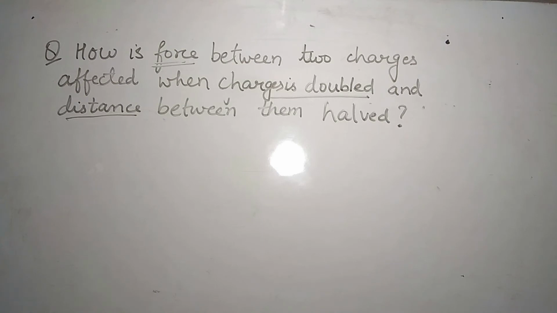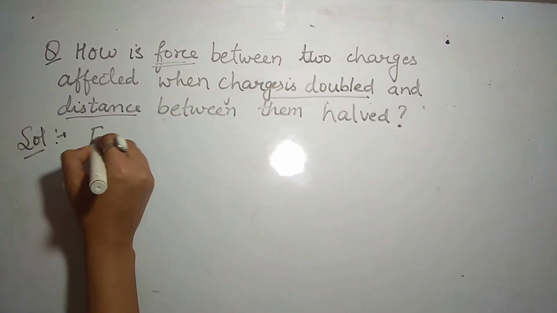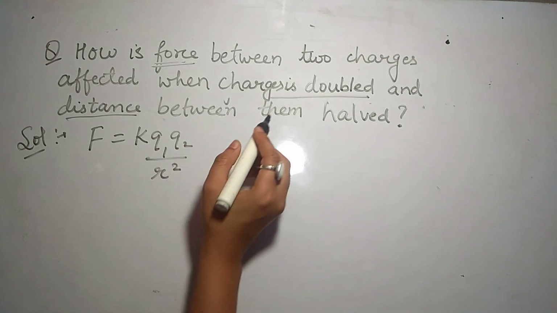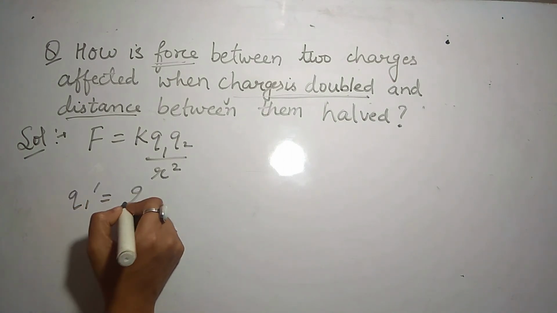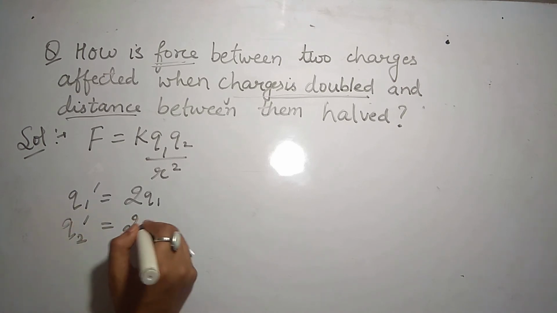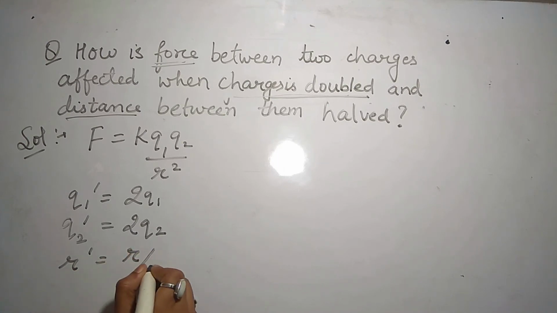How is the force between two charges affected when the charge is doubled and the distance between them is halved? For this question, the formula is F = k Q1 Q2 by r squared. Here the charges are doubled, so the new Q1 dash is twice Q1, the new Q2 dash is also twice Q2, and the new r dash becomes half as it is halved.